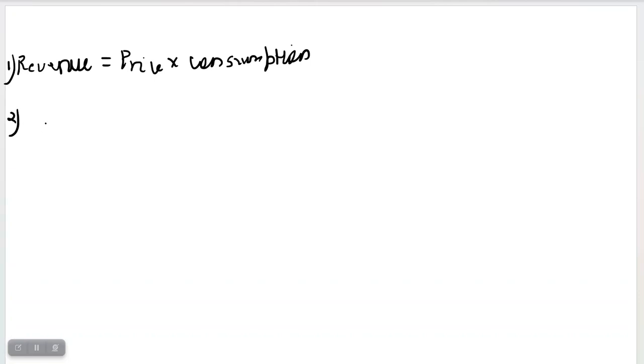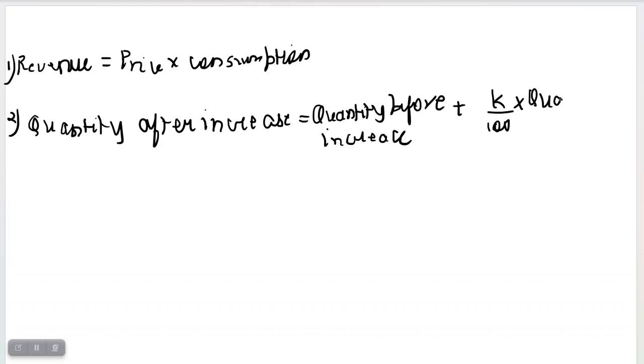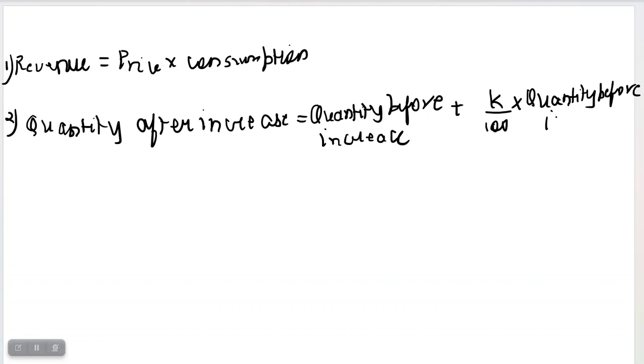The second thing we should remember is this formula. Quantity after increase is equal to quantity before increase plus k by 100 into quantity before increase.